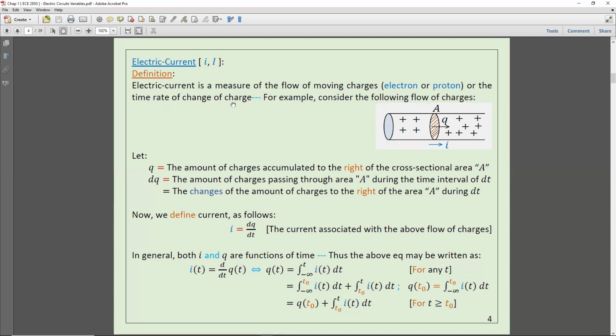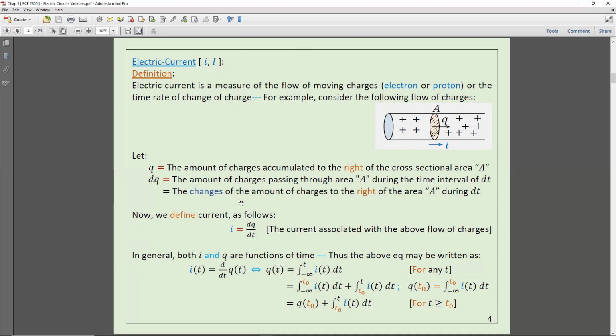So it measures the flow of a charge. The higher the current, the more flow of moving charges. A very simple way to define electric current: just moving charges. When charges move, they make electrical current.